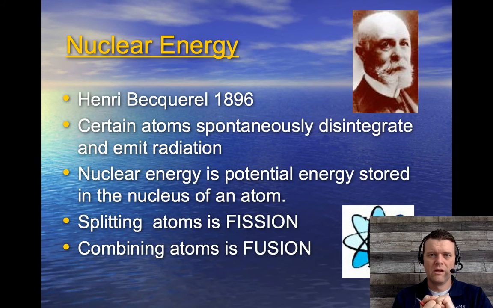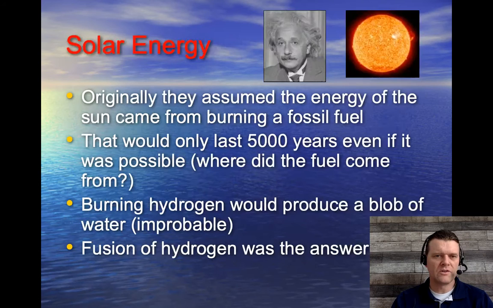When you do that process, you release energy again. That's where the bulk of the energy from our sun is coming from. Our sun is fusing hydrogen to make helium, and it's releasing light and heat. That's from fusion. So that's another form of energy.